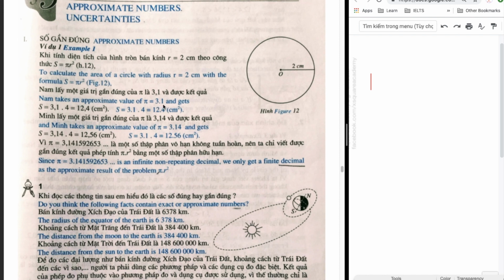equals 3.1 and gets S equals 3.1 times 4 equals 12.4 centimeters squared, and Minh takes an approximate value of pi equal 3.14 and gets S equal 3.14 times 4 equal 12.56 centimeters squared.